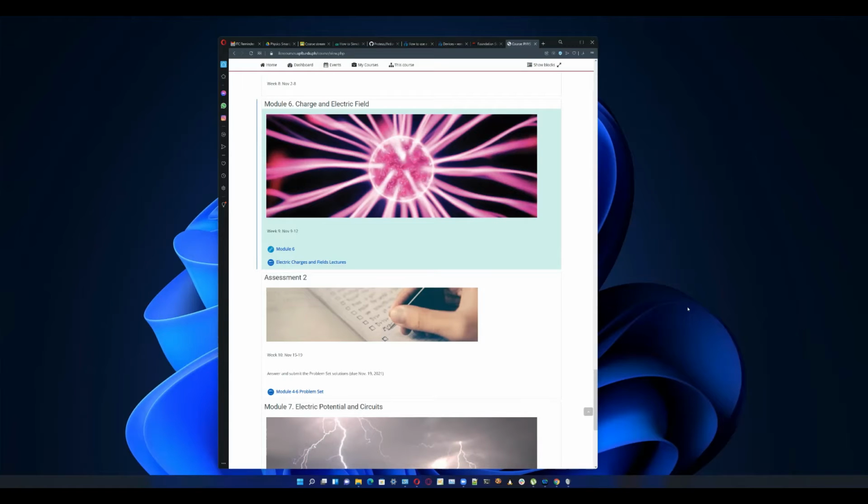Now, the electric field is that space which will exert a force, the Coulomb's force, on any charge that is placed in the region or the vicinity. And that is the reason why when you place, let's say, a positive test charge in an area with another charge, then that test charge will experience a force.